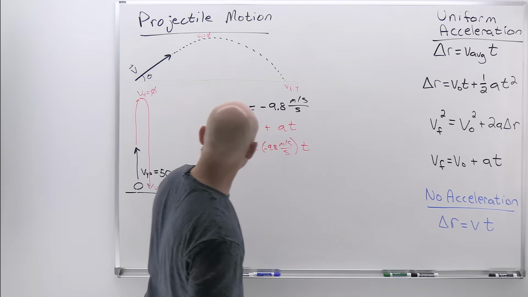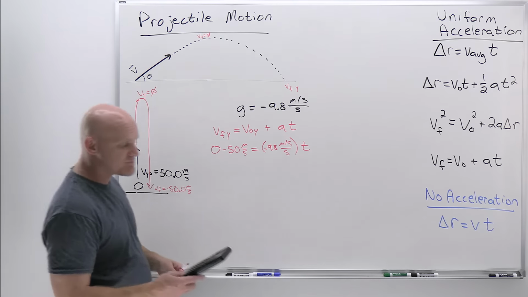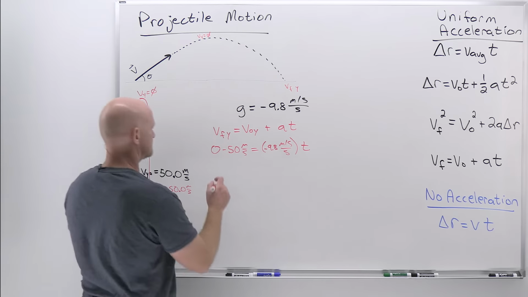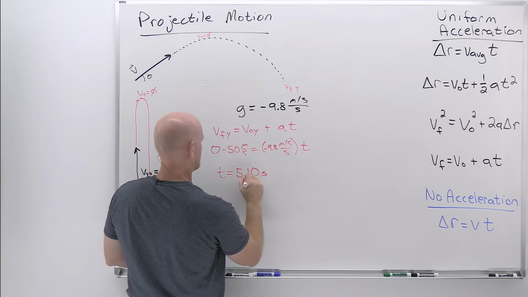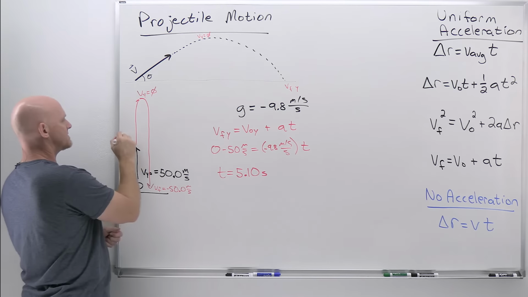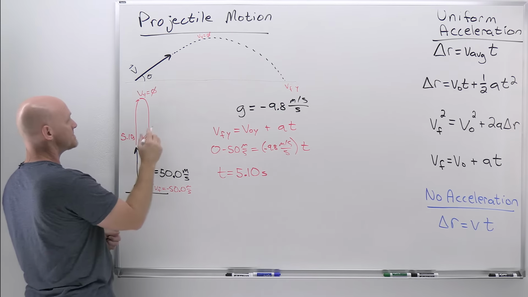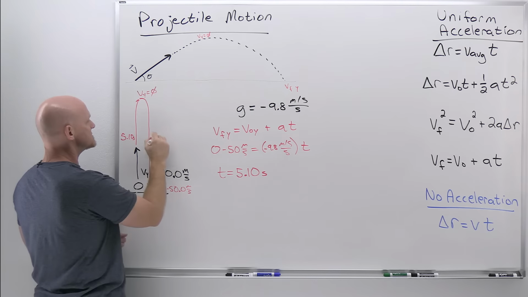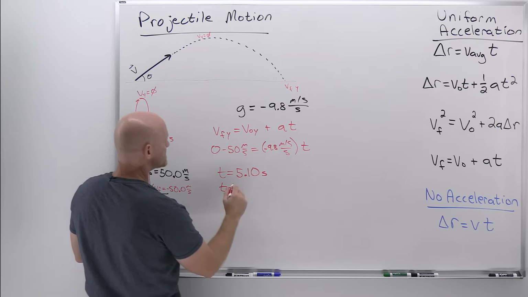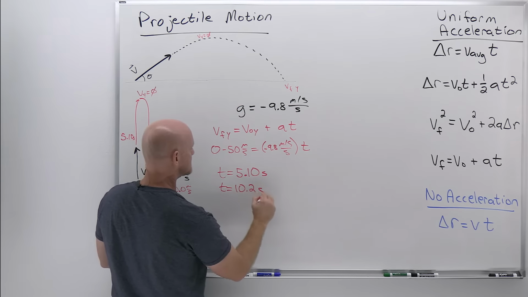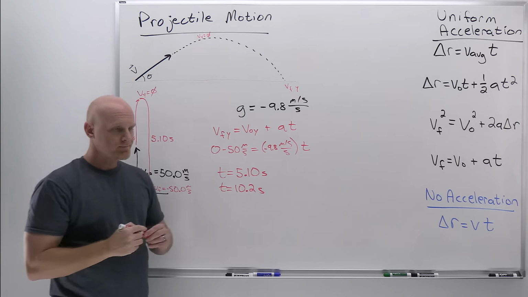So I guess in this case we want 3 sig figs, so 5.10 seconds. But keep in mind, that's just the way up. That's 5.10 seconds on the way up, which means on the way down, it's going to be an additional 5.10 seconds. And so the total time for the whole journey is actually going to be 10.2 seconds.